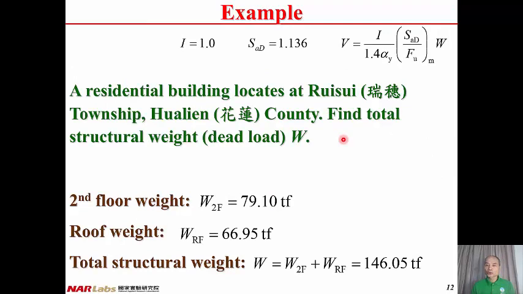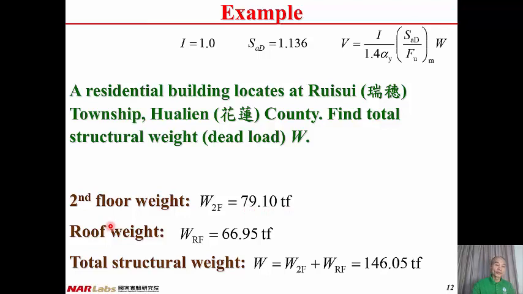And in this question, we are going to find the total weight of the structure. That's the dead load of the structure, W. From the dimension of the building, from the dimension of the element, and from the weight of those non-structural elements, we can calculate the dead load of the structure. After calculation, the second floor weight is found to be W2F equal to 79.10 ton force.